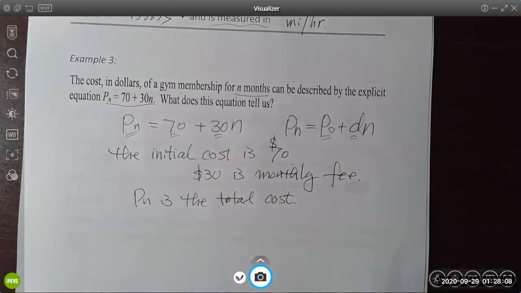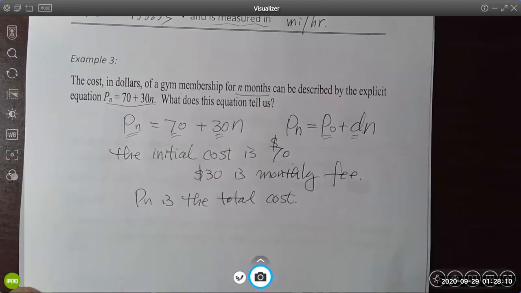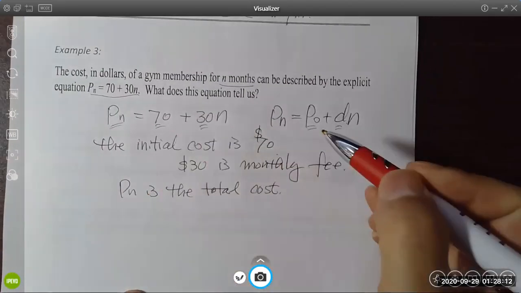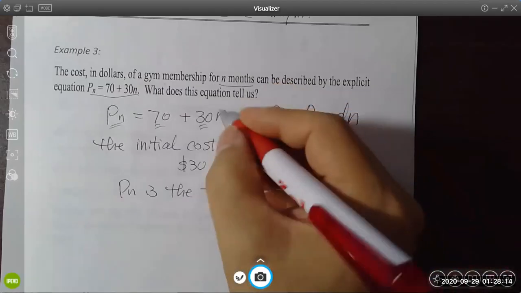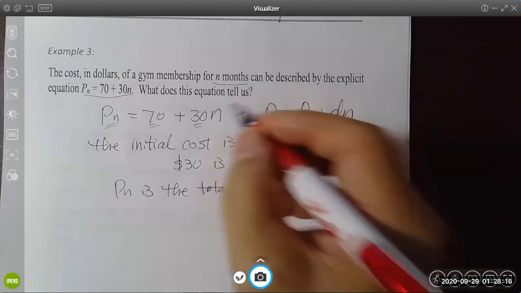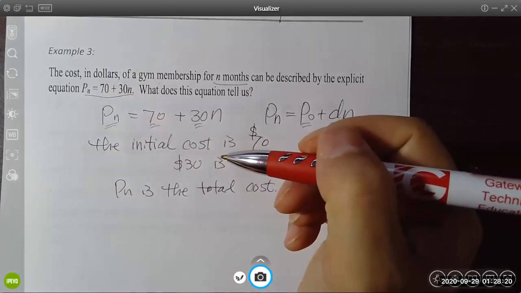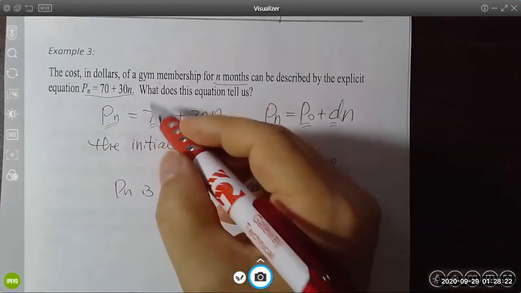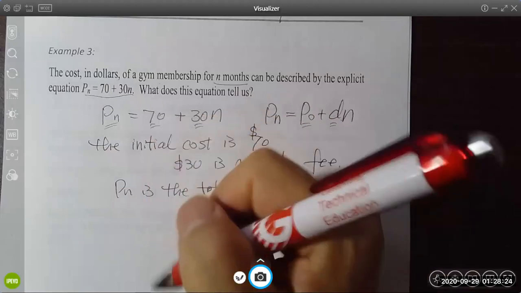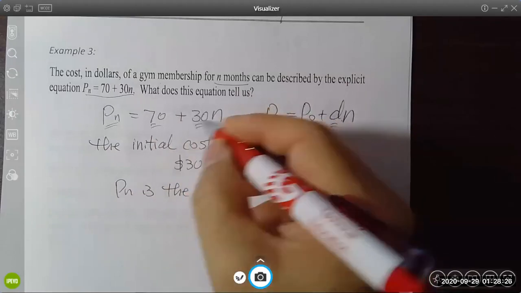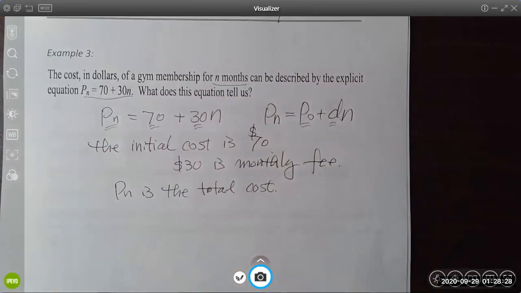So again, after this little bit of analysis, everybody understands the meaning of this formula. Depending on how many months you're going to use the gym, plug in the number, you can calculate the total cost. And that's the meaning of the initial setup cost. And after that, each month, you pay $30.